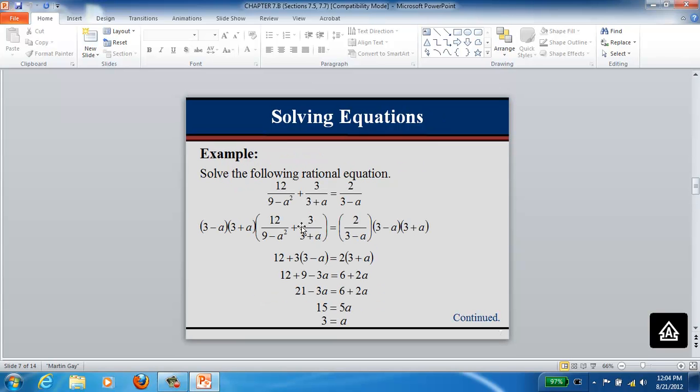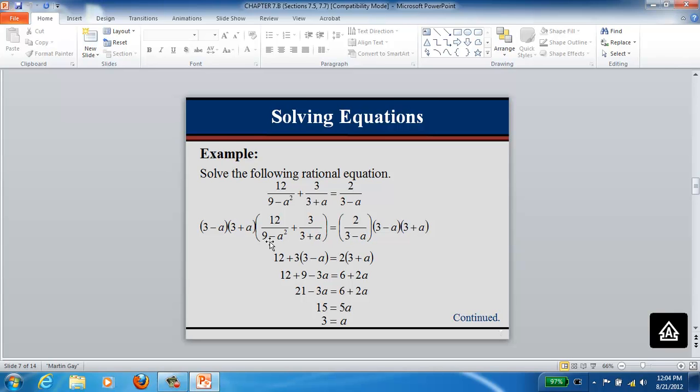Another example. Here you factor the denominator, 9 minus a squared. Factoring that's 3 plus a times 3 minus a. Therefore, that is your least common denominator.